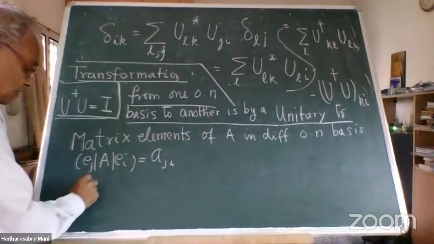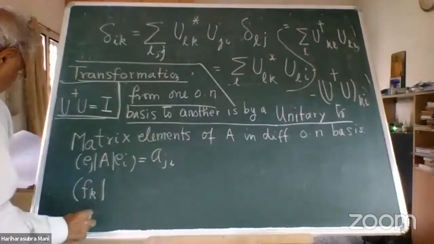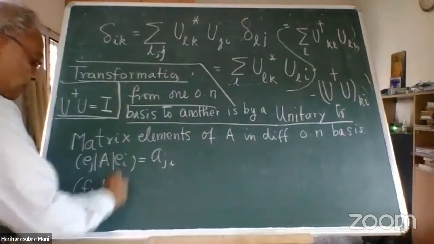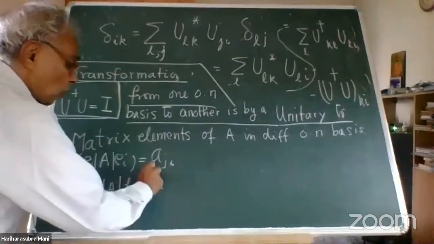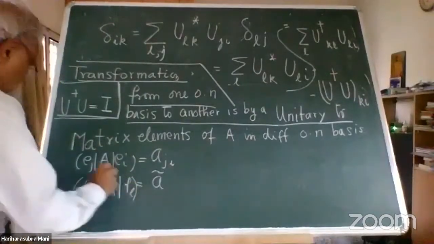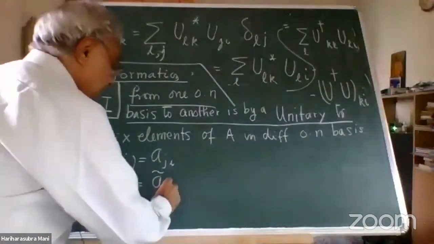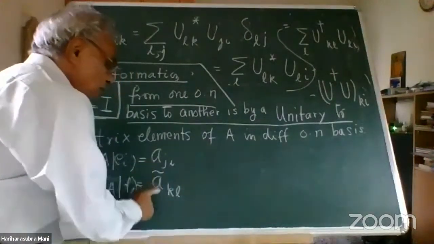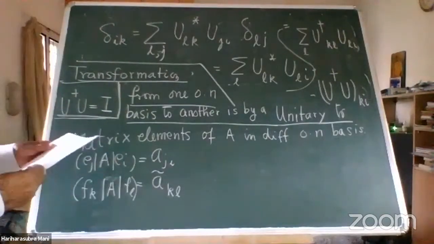Now I'm going to write the matrix element of A between F_k and F_l. This I will call A tilde, A tilde kl. So I want to find a relation between these two. Okay, how will I do that?